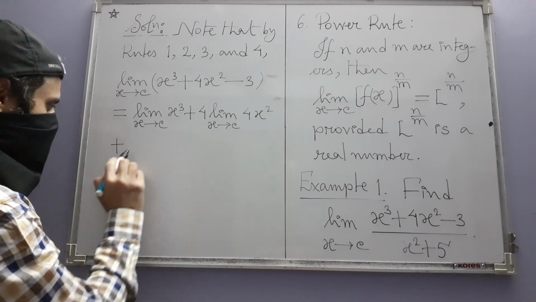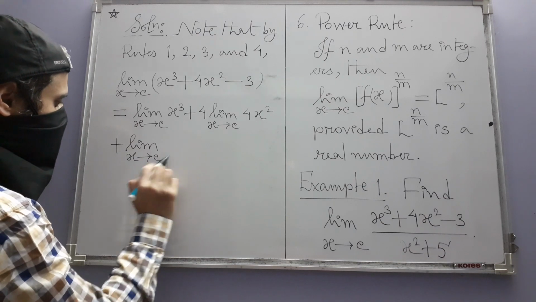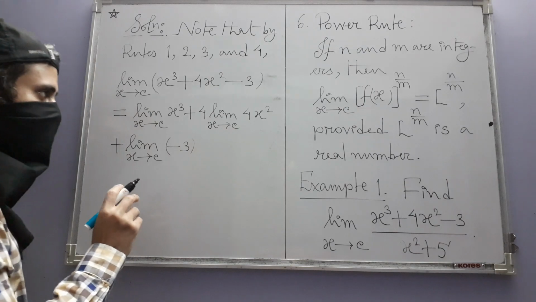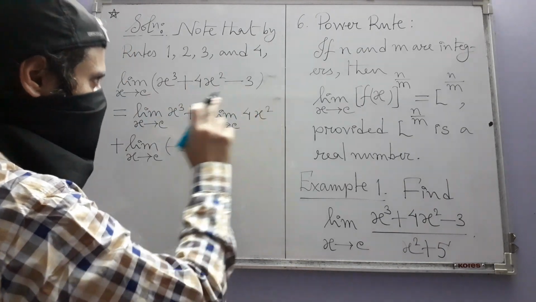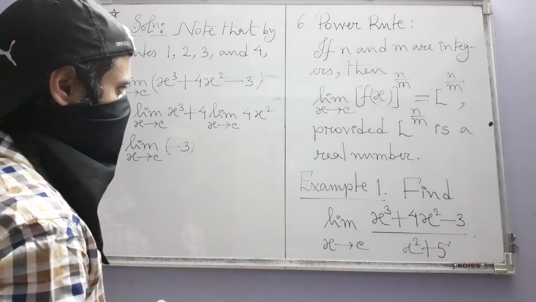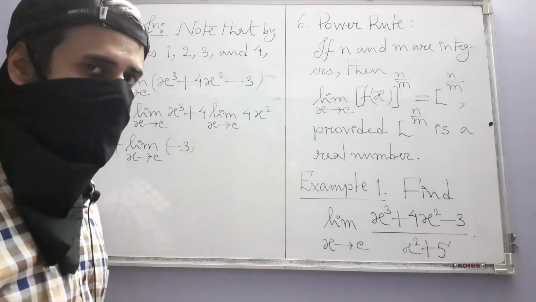well, let me be absolutely rigorous about the application of these rules. Let me consider this as minus 3, because then you can interpret this as not a difference actually, but as a sum of three functions. So we have applied the sum rule 2 times actually.